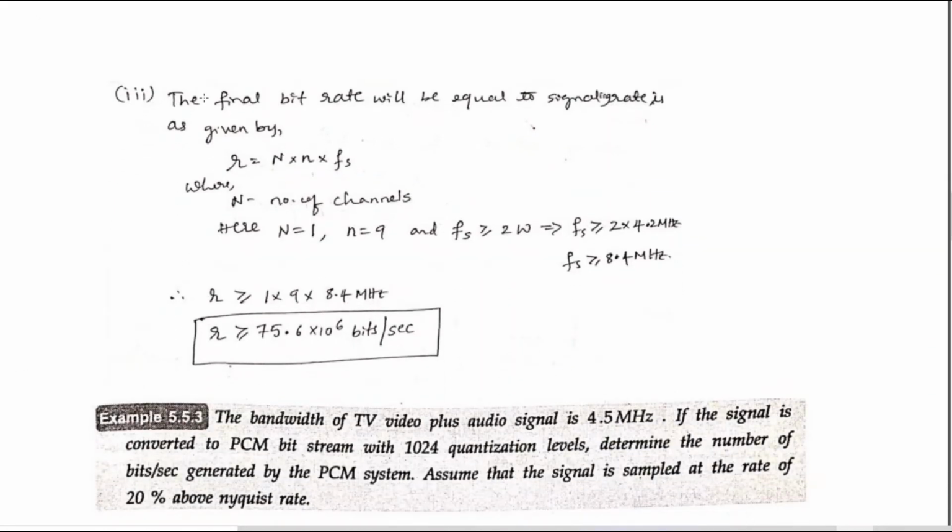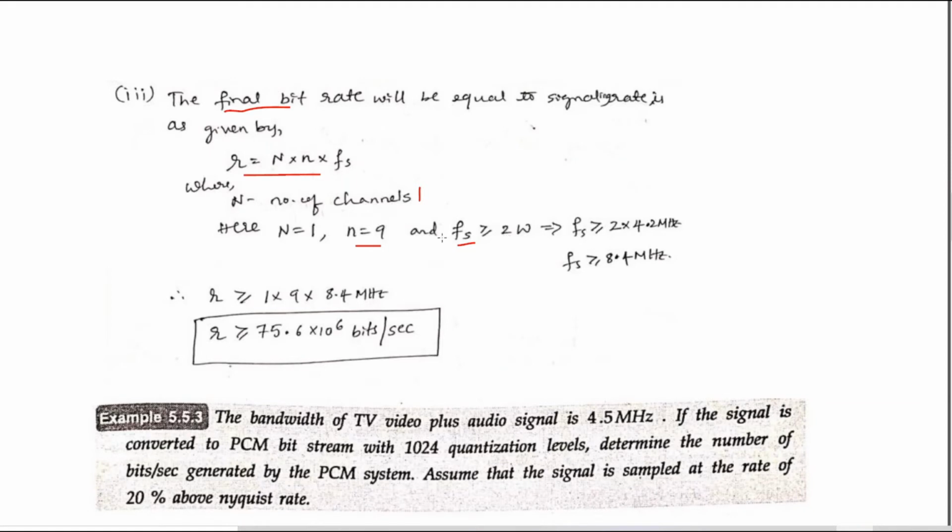And the final part of the question, here we need to calculate bit rate, which is R given by capital N into small n into Fs. Capital N is the number of channels or number of signals. So it is 1 because only one channel and one signal is there, correct? And number of bits is 9. Fs we already know, which is 2 times omega.